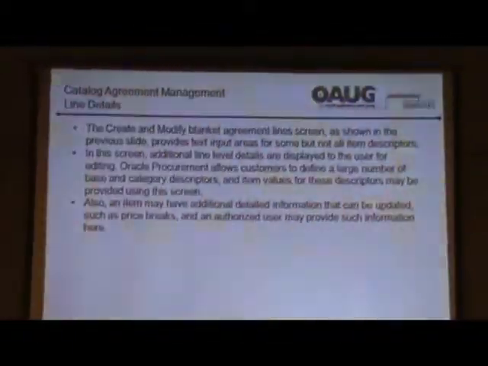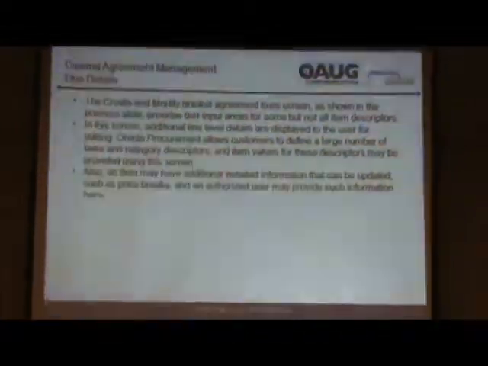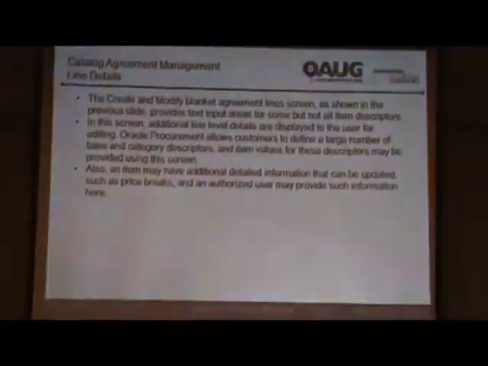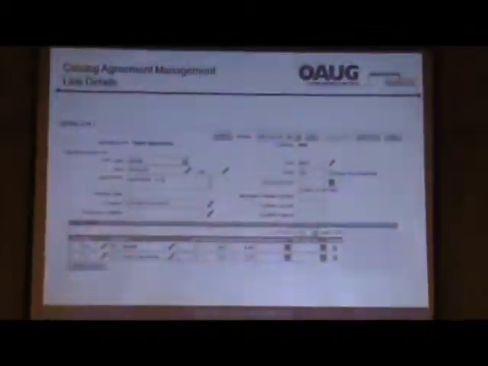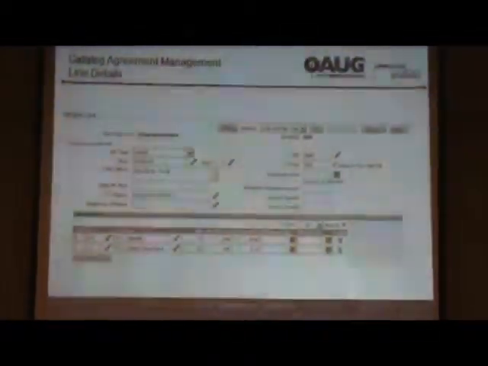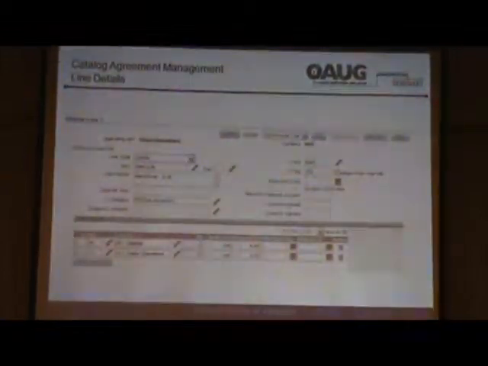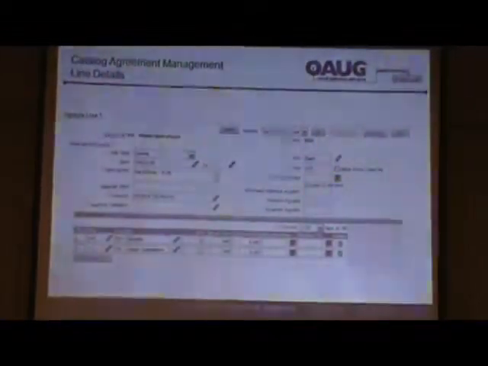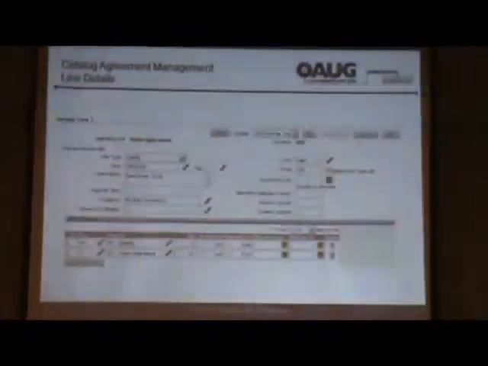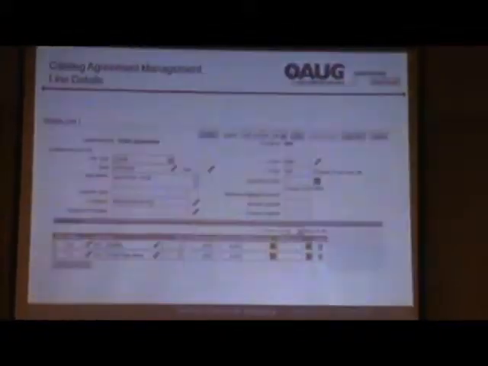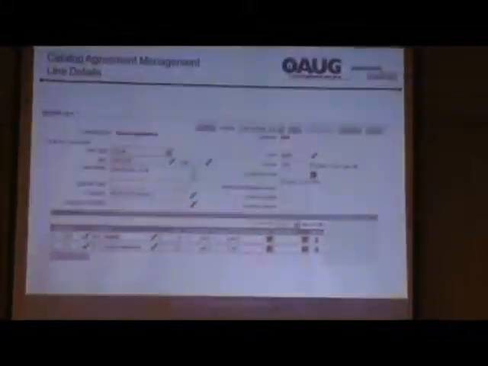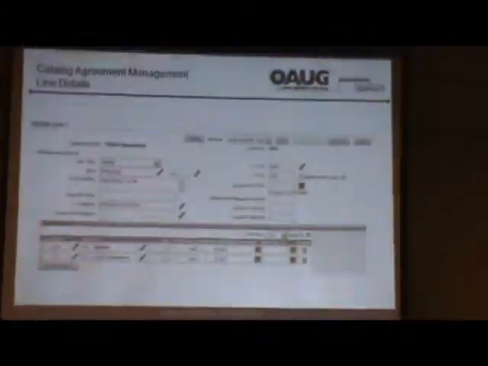In this page, we can add various details such as price breaks and various item descriptors. So this is the page where we can add more details about your catalog items. At this point we have created the agreement header and the line, so basically your agreement is ready.